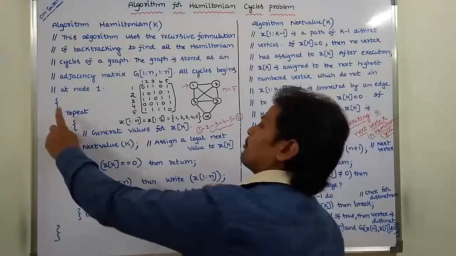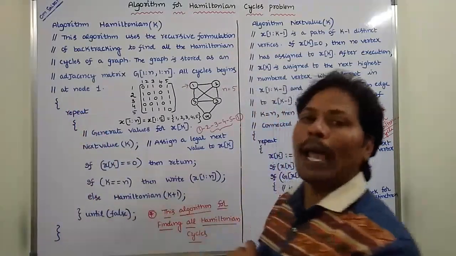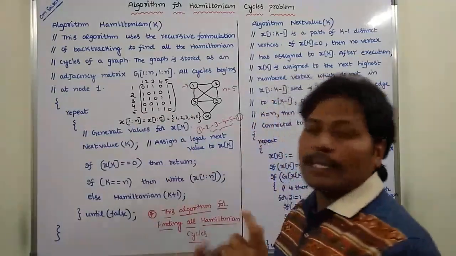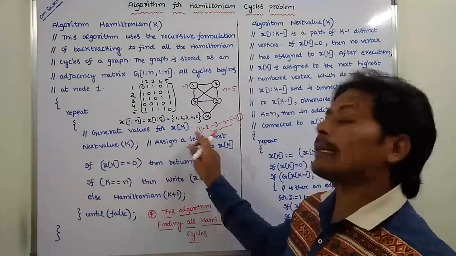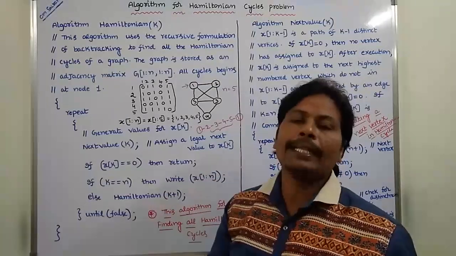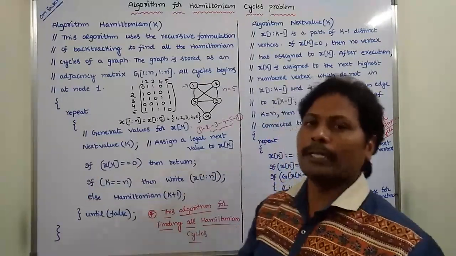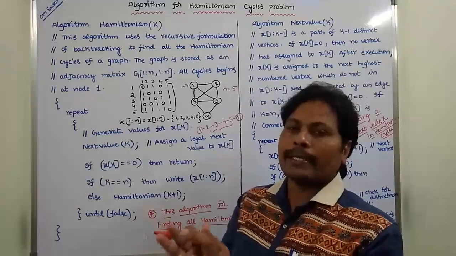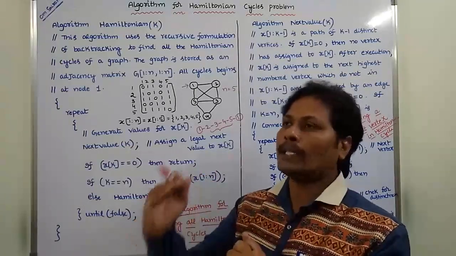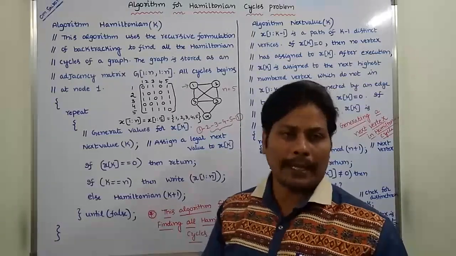Brace begin, repeat until is nothing but a do-while loop. So repeat, brace begin. First, the Hamiltonian cycle starts with vertex 1. Next, generate the next vertices after vertex 1. Whatever vertices we consider are generated and assigned to x of k.